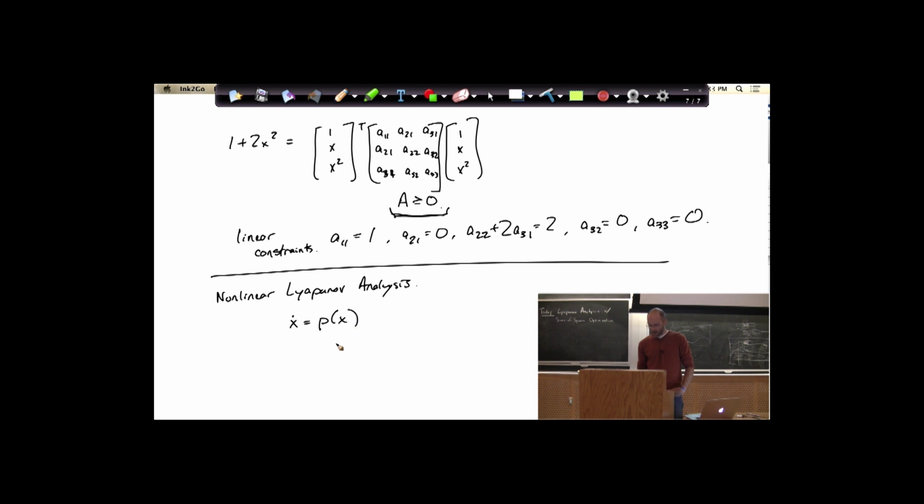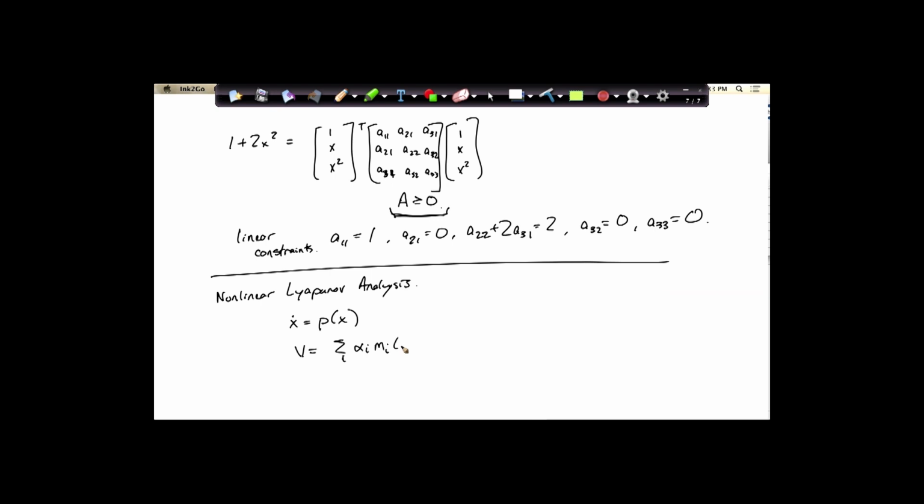If I'm willing to write V as some polynomial, let me write it like this, where M is my combination of monomials.